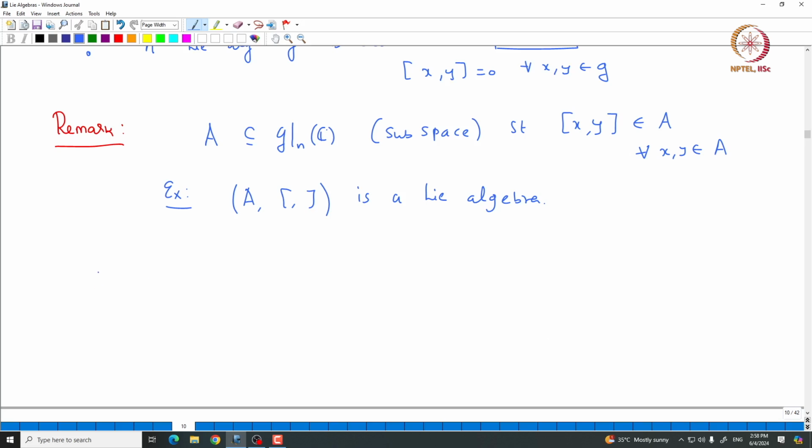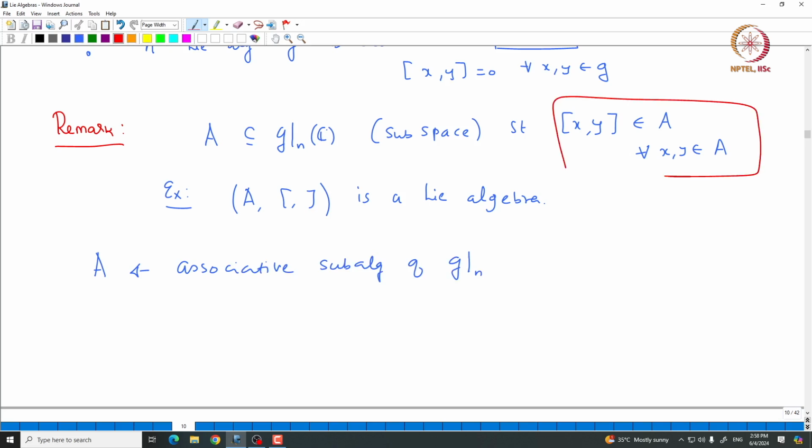But if we start with an associative subalgebra of GL_N, then the condition we have here is immediate. The bracket of X, Y is going to be inside A for all X, Y in A. So that means one can immediately think of a Lie algebra structure on this capital A.